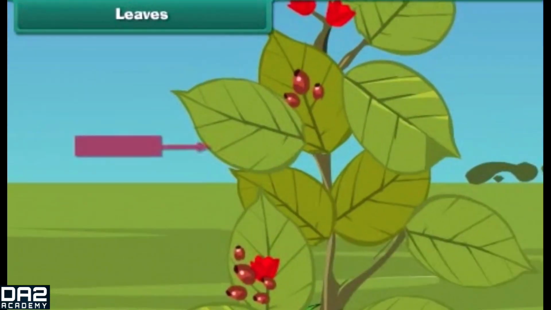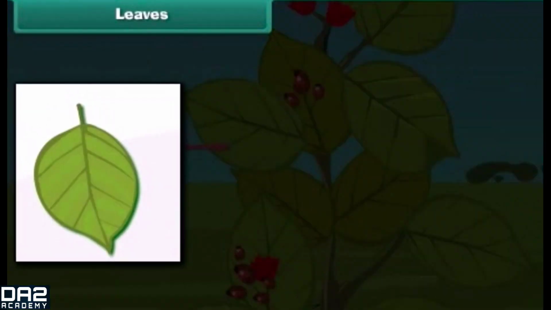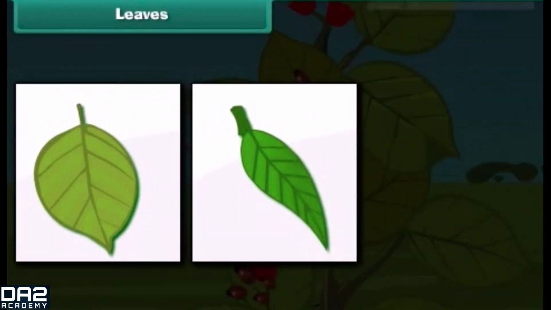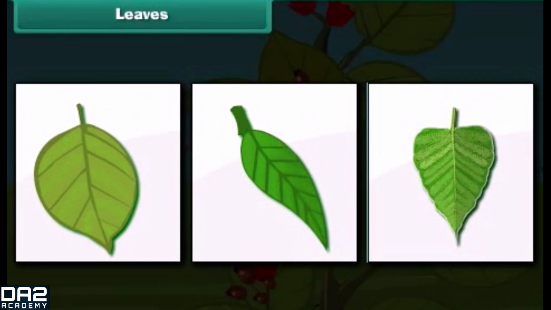Next part of the plant is leaf. It is the green part of the plant that is borne on the stem. They are of different shapes. Some are round, some are long, and some are triangular. The outer edge of a leaf is known as margin, and their margins are also different like their shapes.